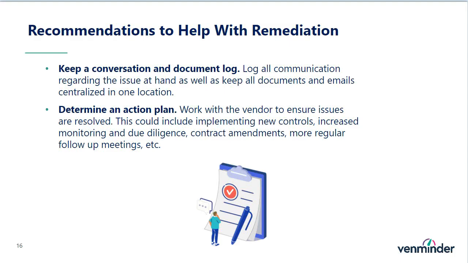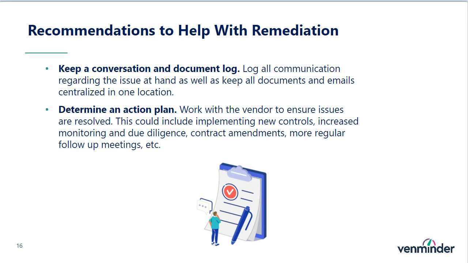So here are some practical recommendations as it relates to this remediation, or the goal of closing these issues that have been logged. You could keep a conversation log, and your system of record might allow you to do that, or it might be outside of the system of record in a folder.